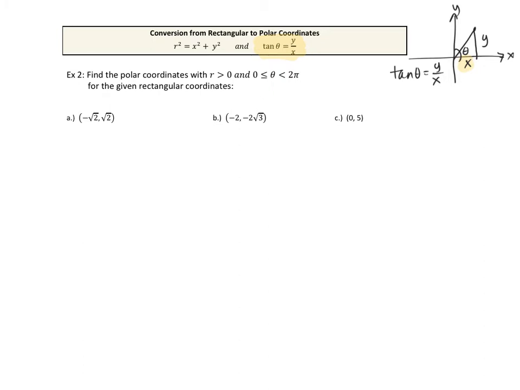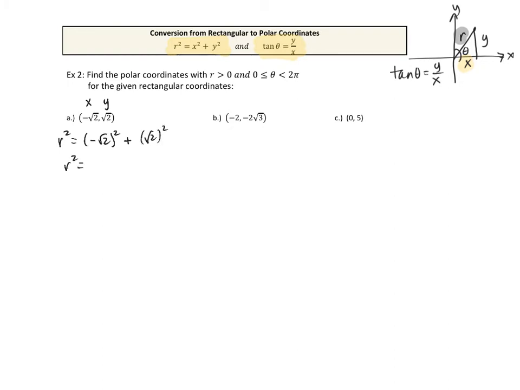And then the Pythagorean theorem gives us this next one. r squared is equal to x squared plus y squared. So here's my r. Okay, so we're going to use those to go back and forth. So here I'm given an x and I'm given a y. Well, r squared is equal to x squared, so negative square root of 2 quantity squared, plus y squared, so square root of 2 quantity squared.